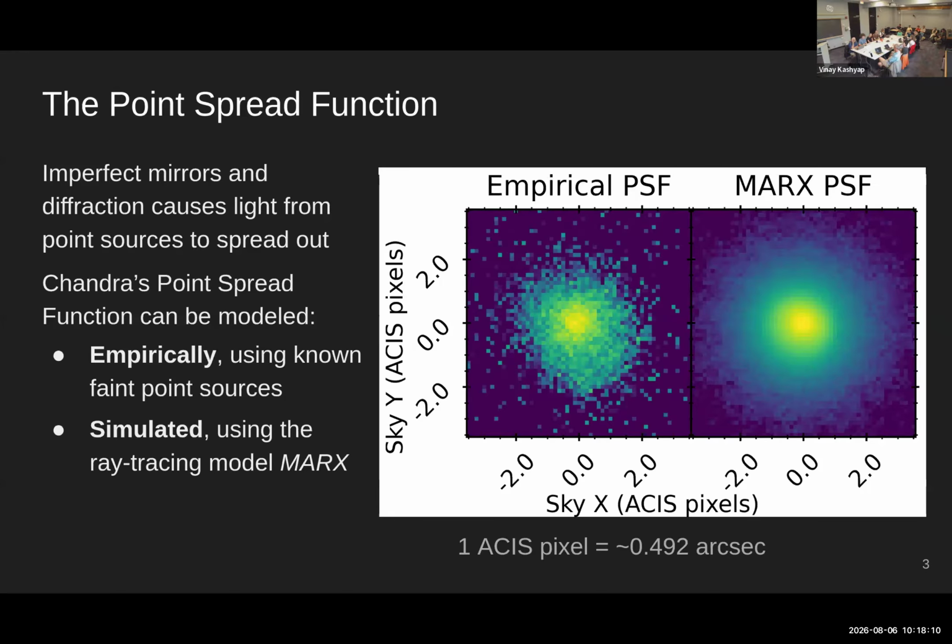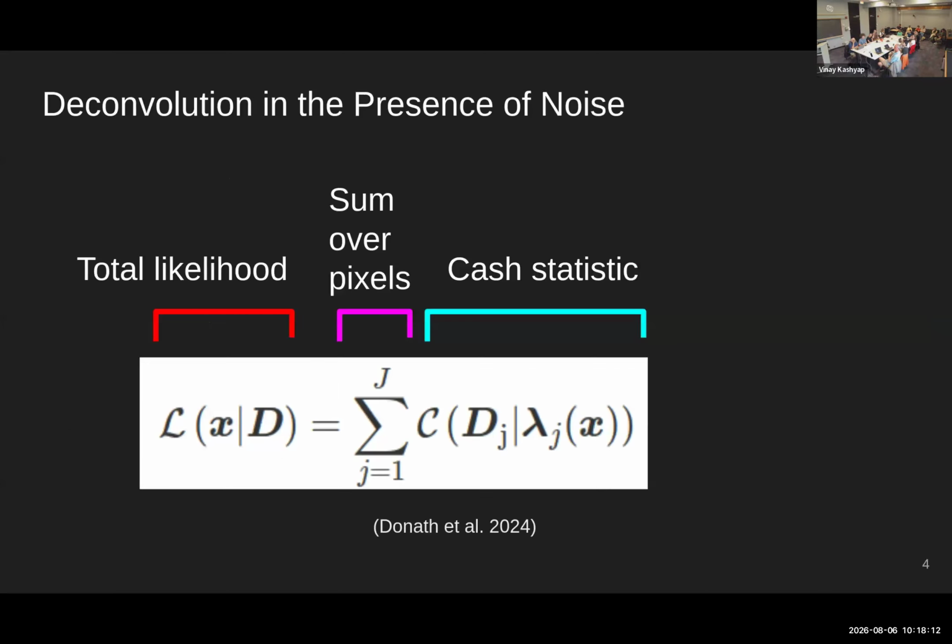Right. Thanks. So essentially, a way that you could model this deconvolution process is by calculating a maximum likelihood estimate.